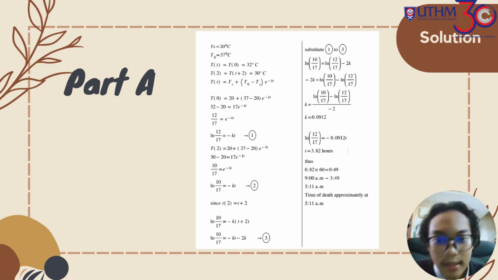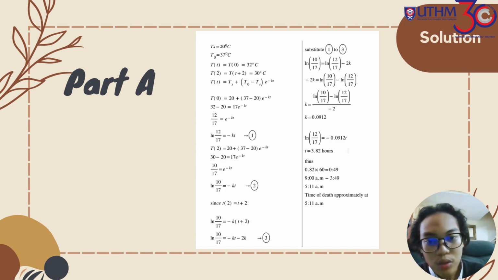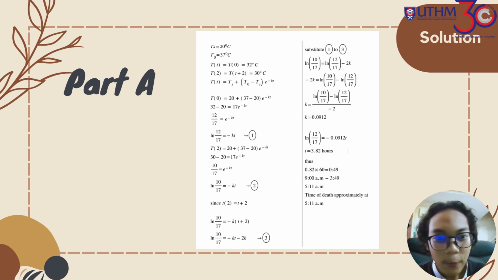So we know that T2, temperature 2, is equal to time plus 2. To explain that, the time the body was found is 9, but the time that the murder occurred we don't know.